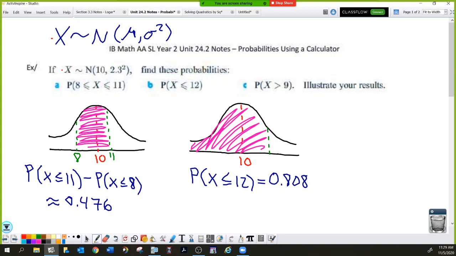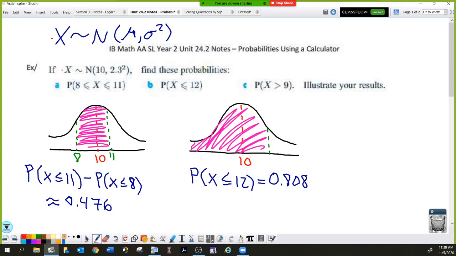Because I can't find just the probability that x is 12. It doesn't work like that. Normal distributions are all about how much data is to the left of a value. So it doesn't matter if it says equal to or not. See, this next one says probability x is greater than 9. It could have said greater than or equal to 9. It doesn't make a difference. It's the same answer.